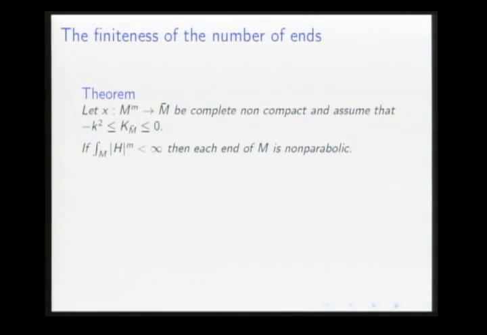It's not our theorem, but it's a known result. If M is a complete non-compact submanifold, and the ambient space satisfies these conditions, and if you assume also that the submanifold has finite total mean curvature, then each end is non-parabolic.